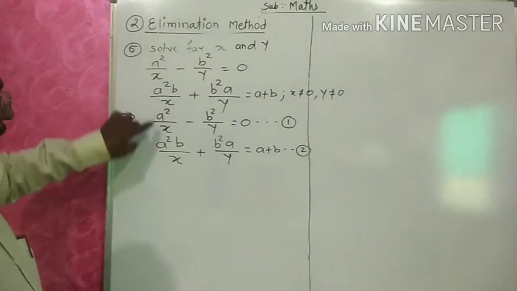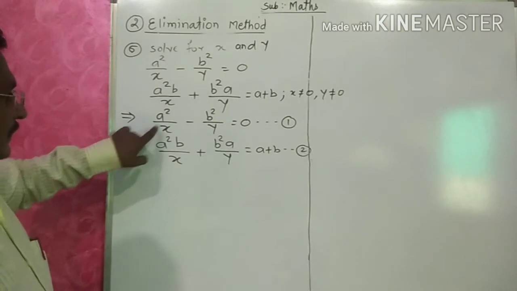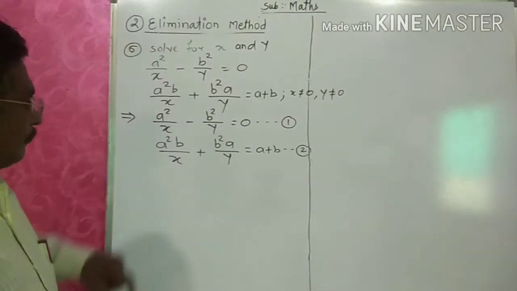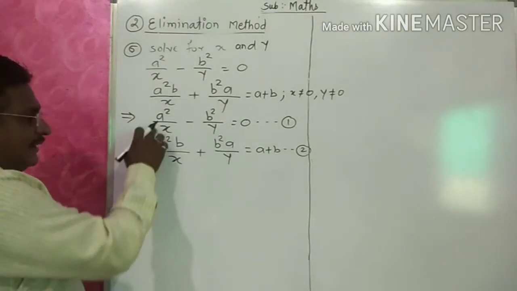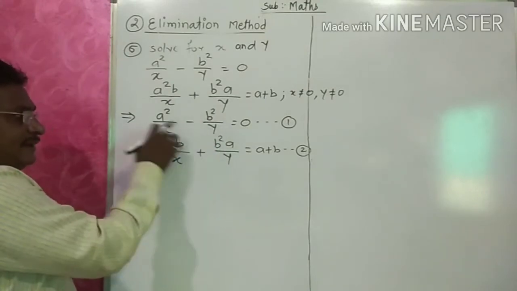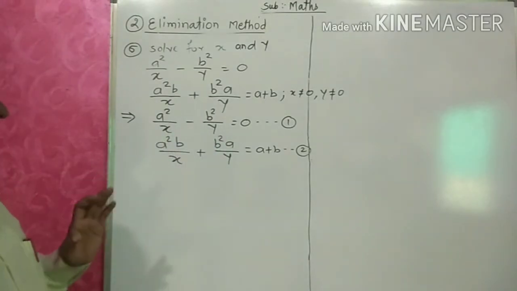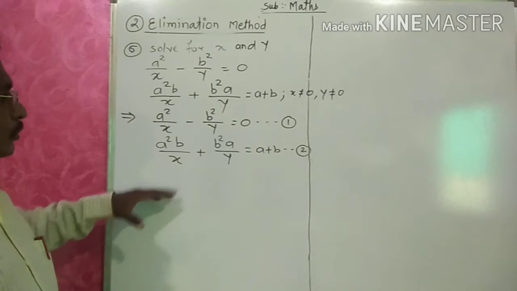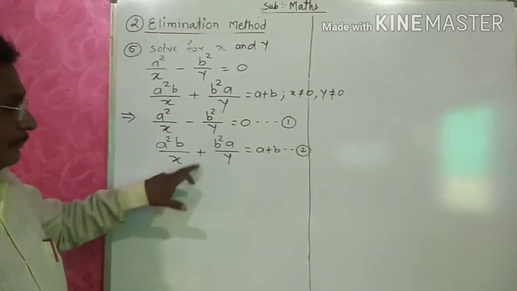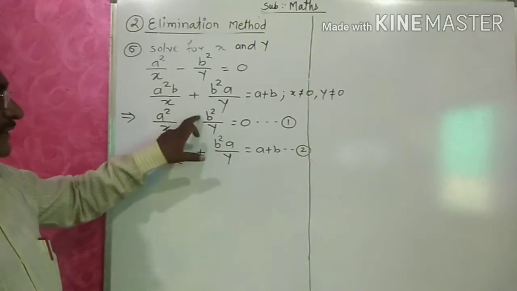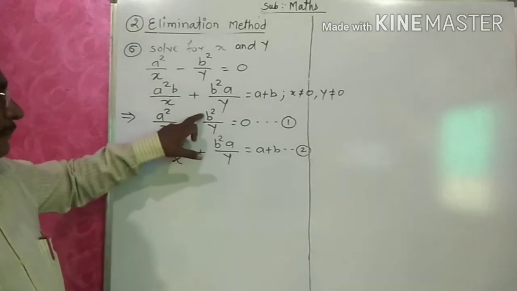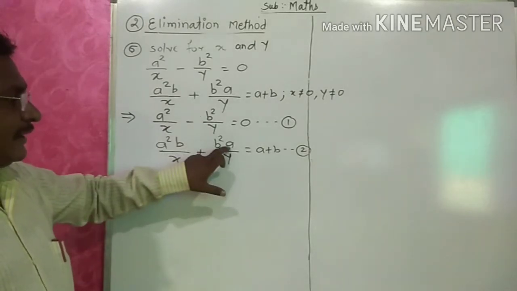Now check it, students. Here a square by x is there, and here b square by y. Any one variable, x or y, has to be eliminated. So what has to be done? Here the signs are opposite, so this y's coefficient has to be made equal. Here b square is there, and here b square a is there.